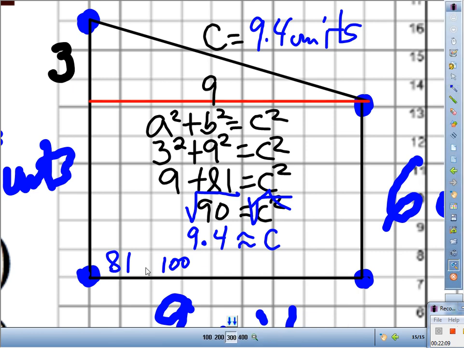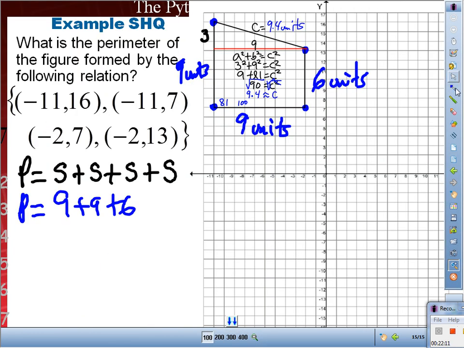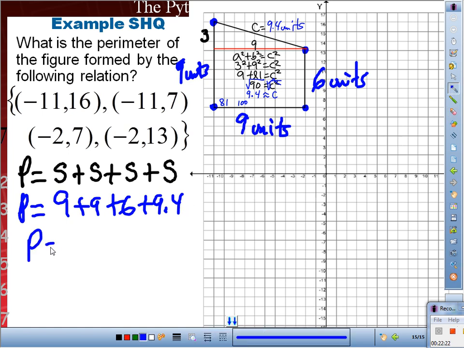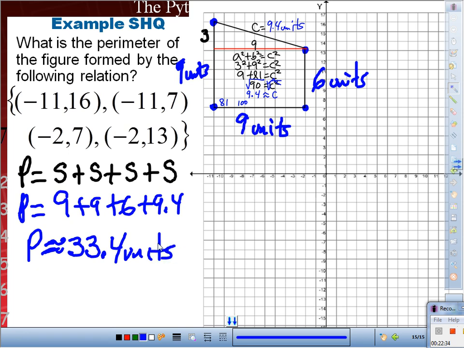Therefore, let's substitute that into our equation, which is what? Plus 9.4. So the perimeter of that figure, which is all the outer, 9 plus 9 plus 9 plus 6, that's 33.4, approximately units.